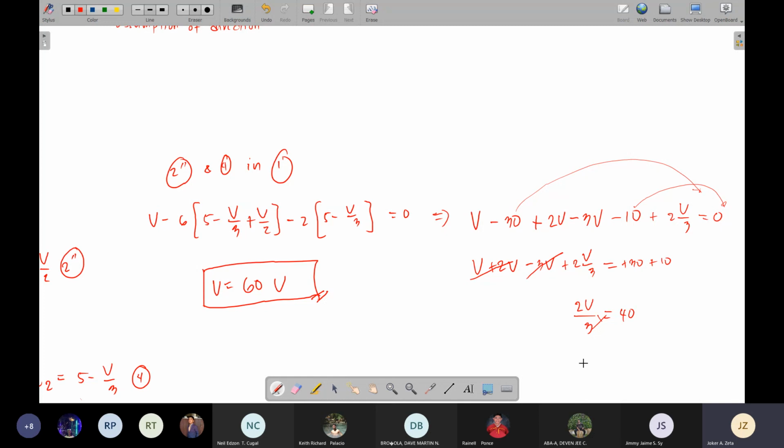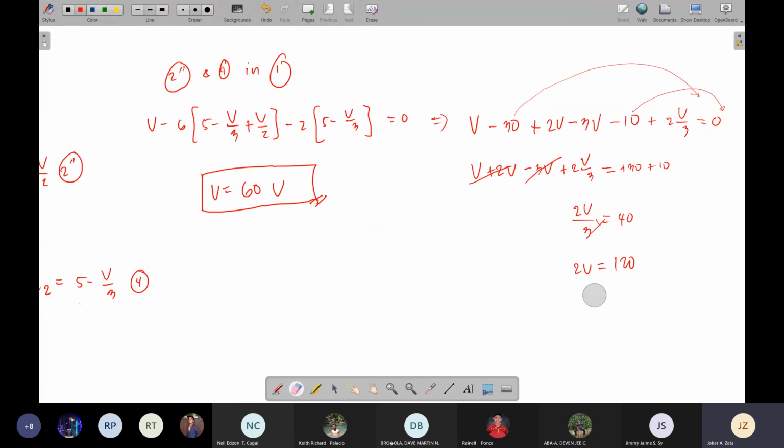Cross multiply, this becomes 2V equals 120. Divide by 2, V is equal to 60.